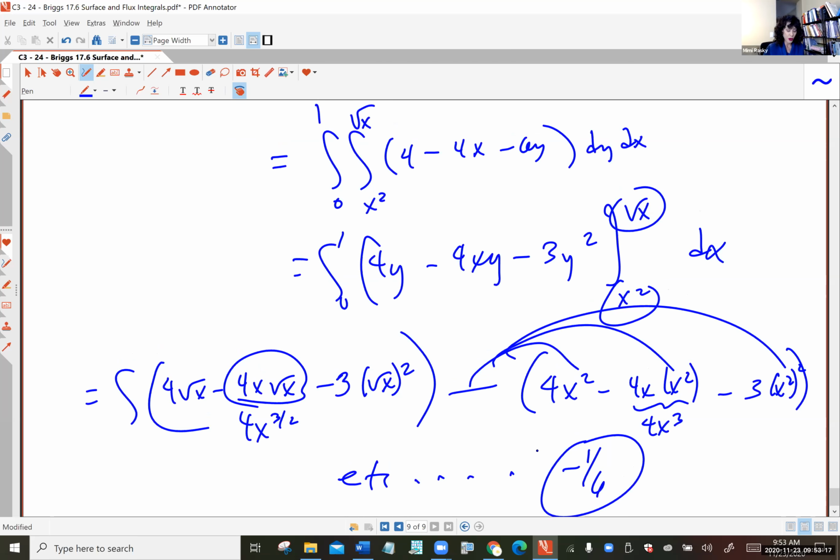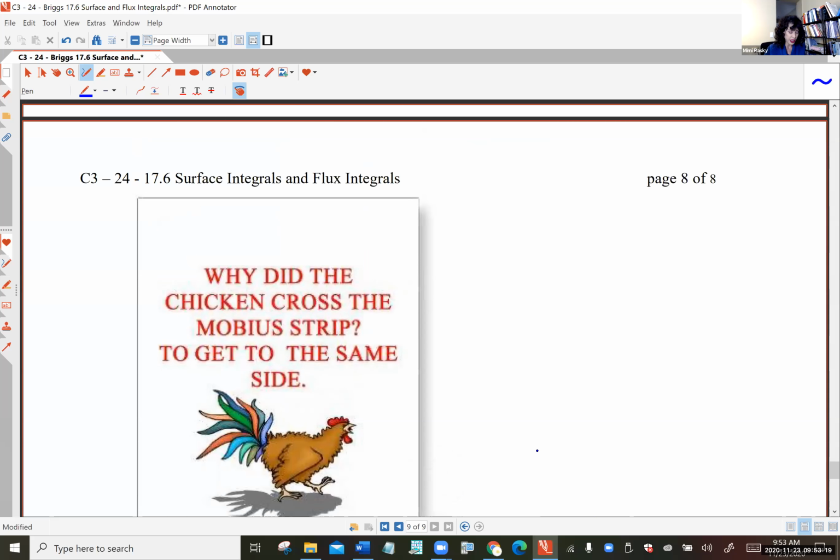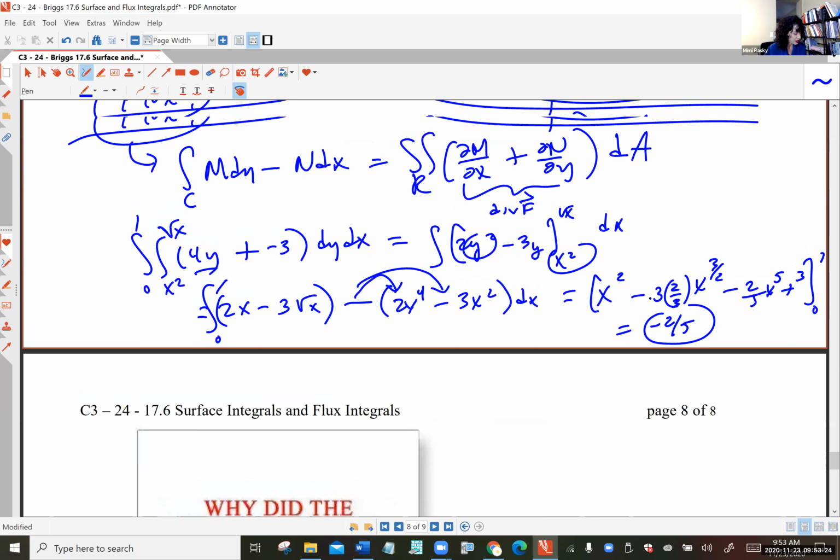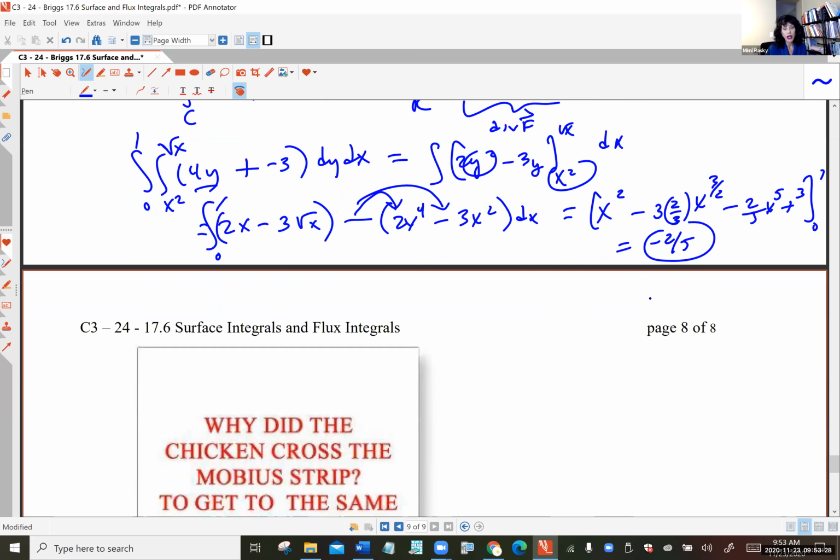Okay, so counterclockwise circulation for me was negative 1/6, and my flux was negative 2/5. So I got 2 different numbers. Once in a while, you might get lucky and get the same number, but here they're not related. You're computing 2 completely different things. Flux and circulation are 2 completely different topics.